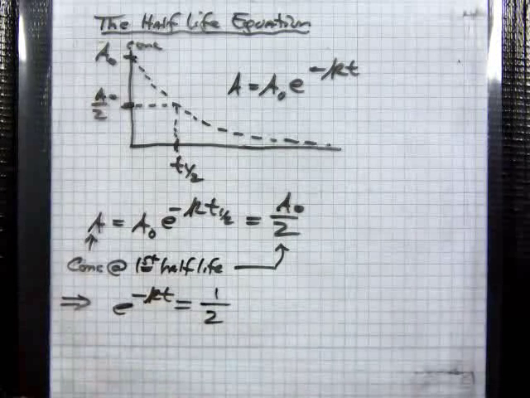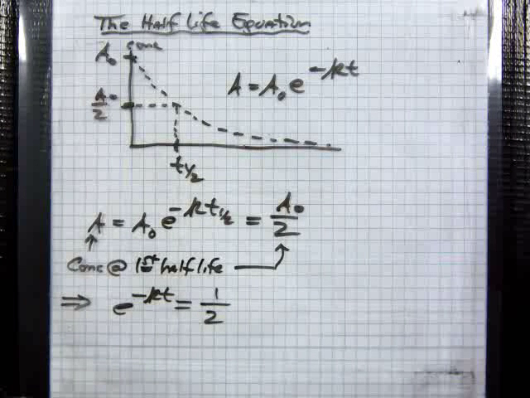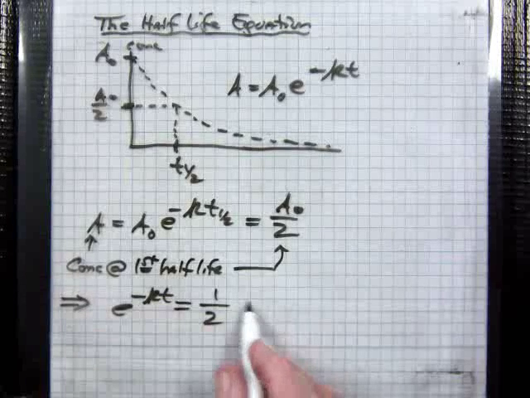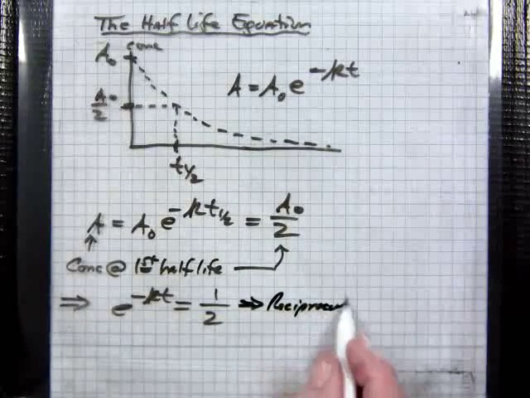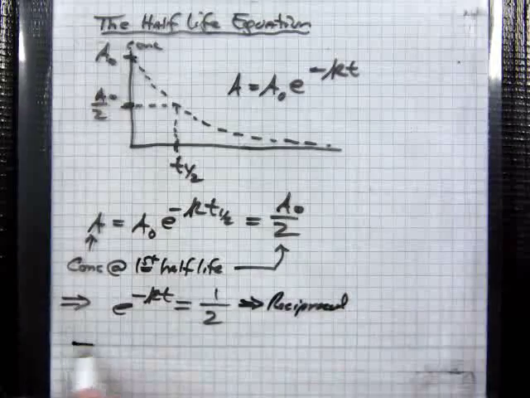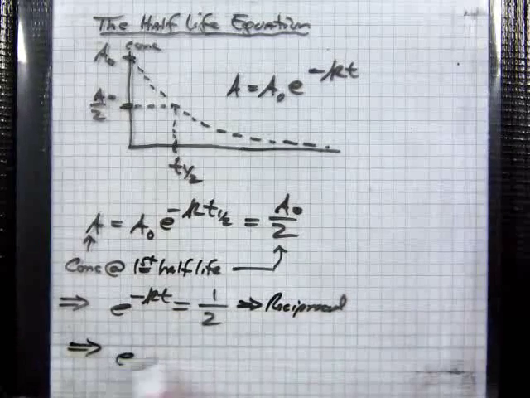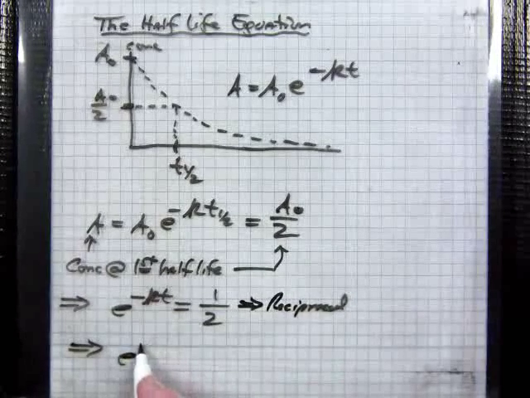Now you can do anything to a mathematical equation, as you remember from your math teacher, but you got to do it to both sides. So we're going to take the reciprocal of this. And what that gives us is e to the positive kt equals 2.